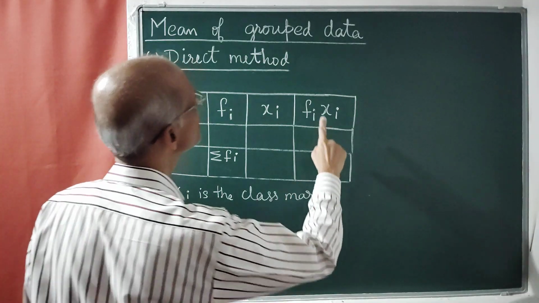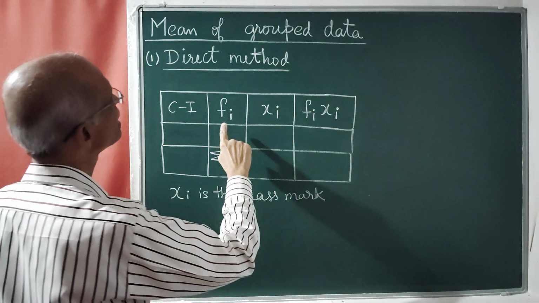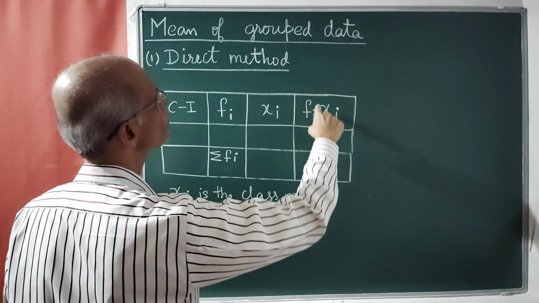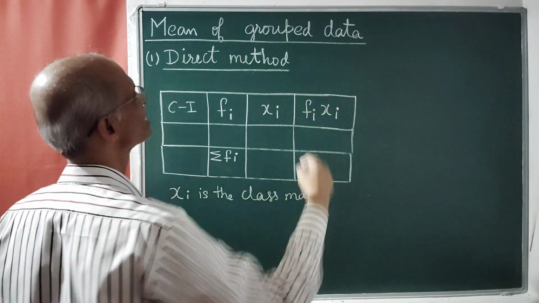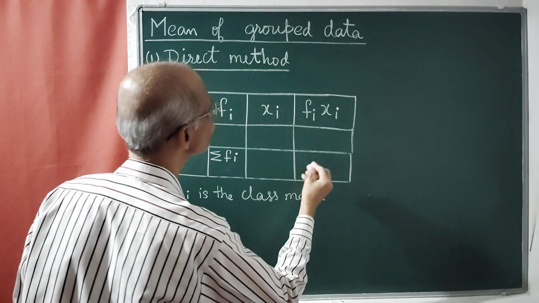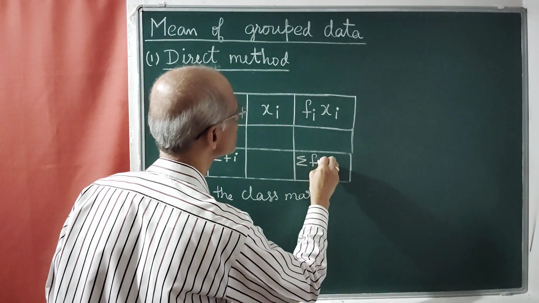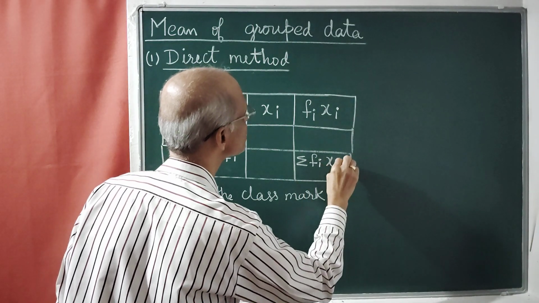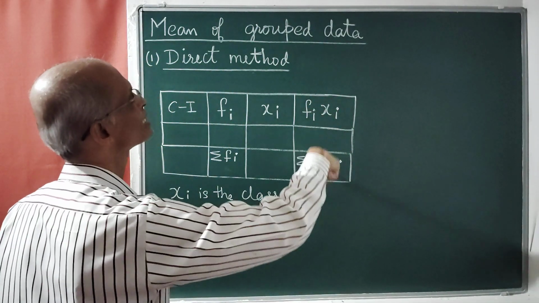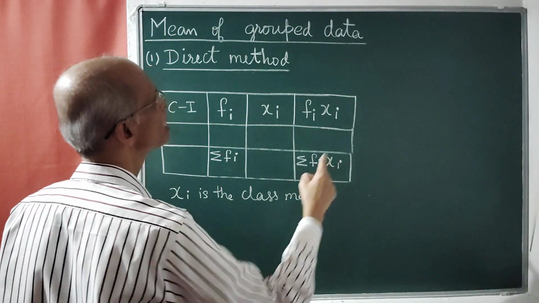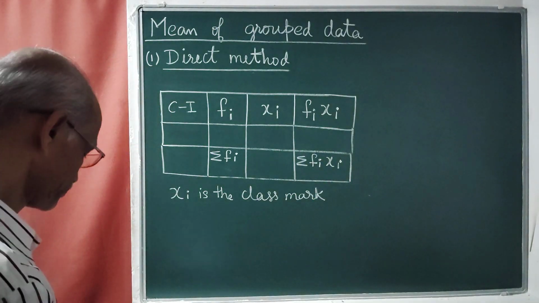Next, we have to find fi xi. We have to multiply fi into xi and find all the values of fi xi. Then in the last row, we have to find the value of sigma fi xi, by adding all the values of fi xi.